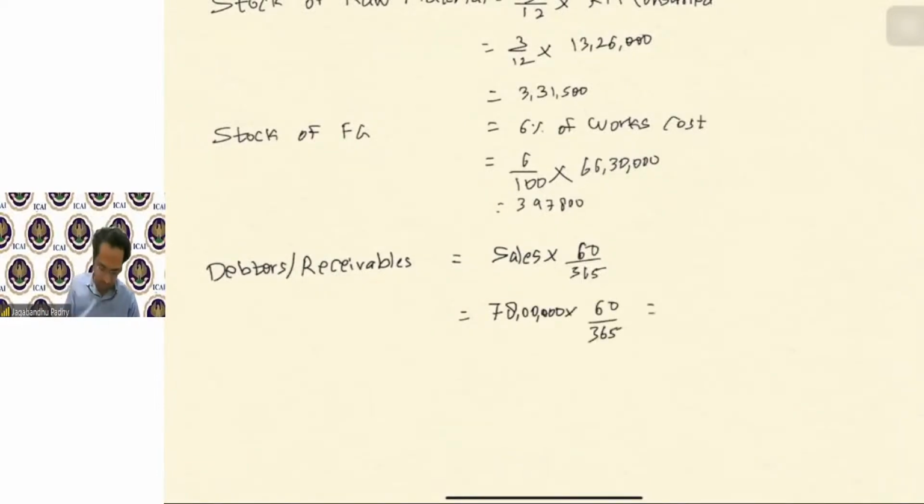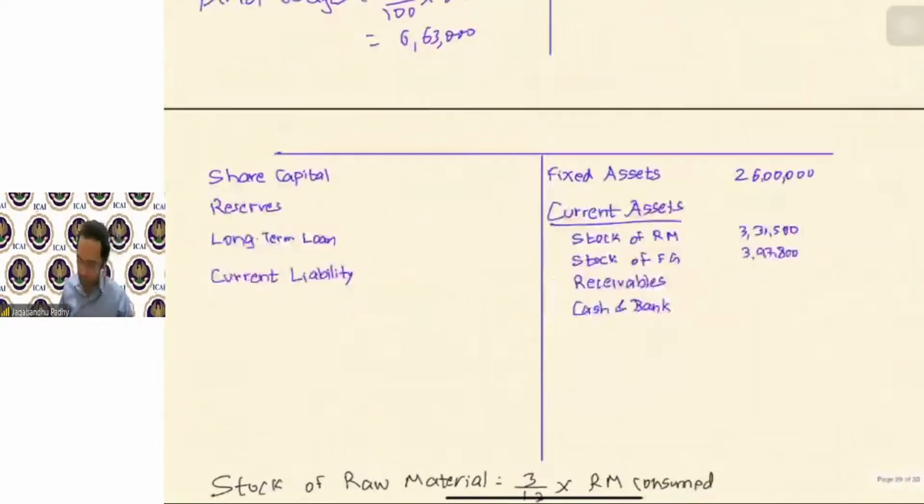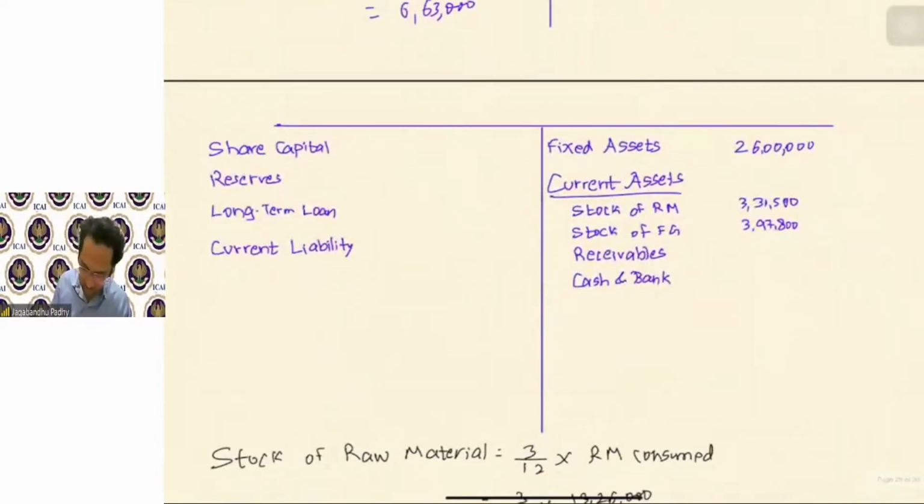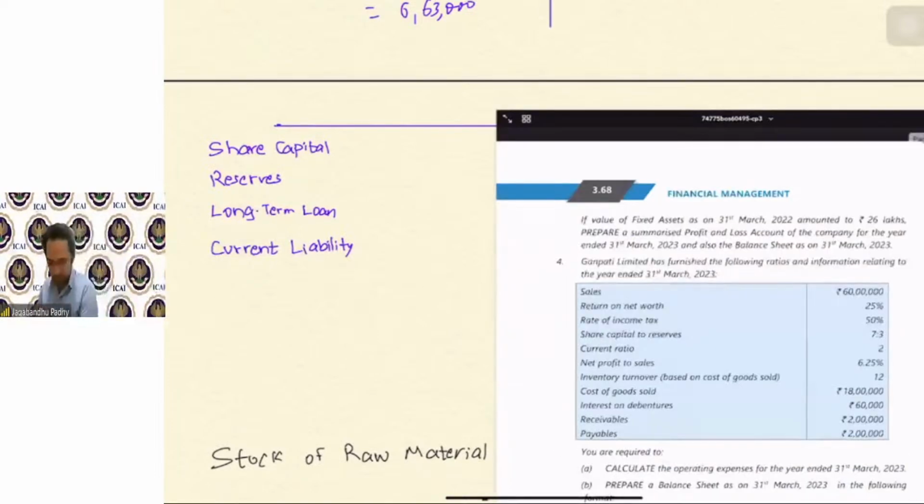The value of debtors or receivables will be 78 lakh into 60 divided by 365, which is 12 lakh 82,192. The receivables value is 12 lakh 82,192. Cash balance, nothing has been specified, so we'll fill it up later on. Let's take up the other aspects.